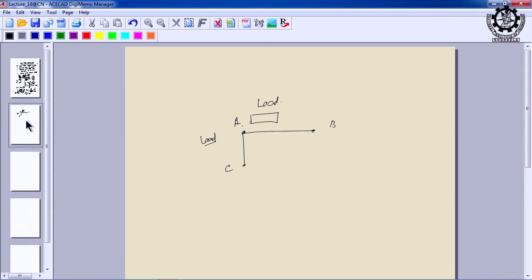So, when this generates the echo packet, what will happen? When there is already traffic in the path for the destinations B and C, and this node A generates an echo packet, what will happen to the echo packet? Can anybody answer this? It will be queued, right?